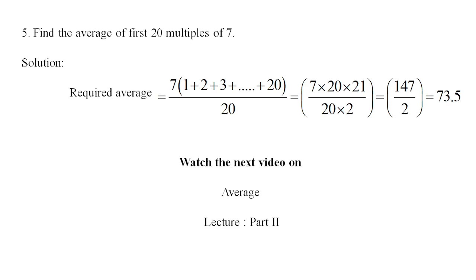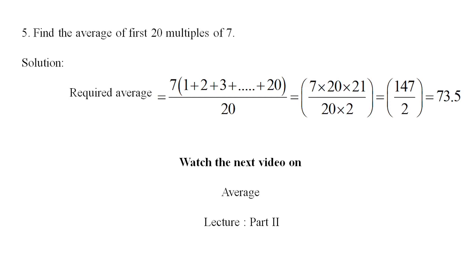Now what are multiples? There are two concepts, multiples and factors. When we hear the term multiple, it comes to our mind that some sort of multiplication is involved here. 7 1s are 7, 7 2s are 14, 7 3s are 21, thereby multiples are derived.